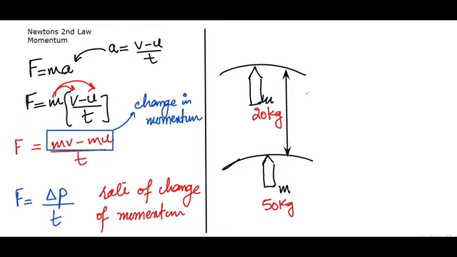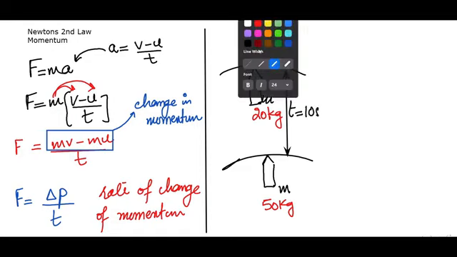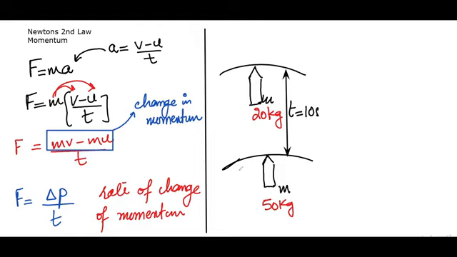This whole task took about, let's say, 10 seconds to complete, right? And the velocity of the rocket at this location was 5 meters per second, and at this location it was 20 meters per second. So we have all the necessary information that we can use in the formula.